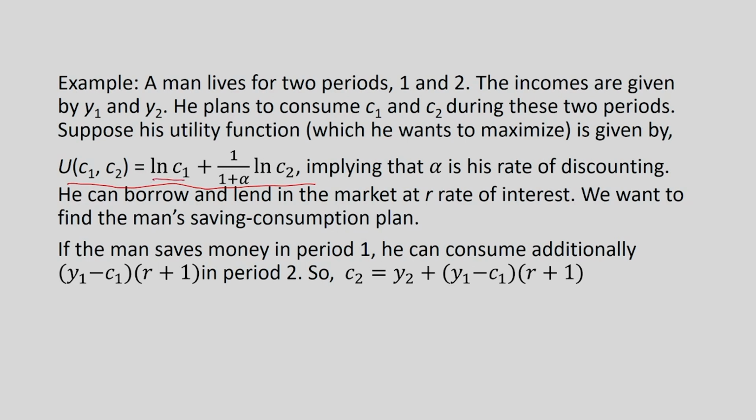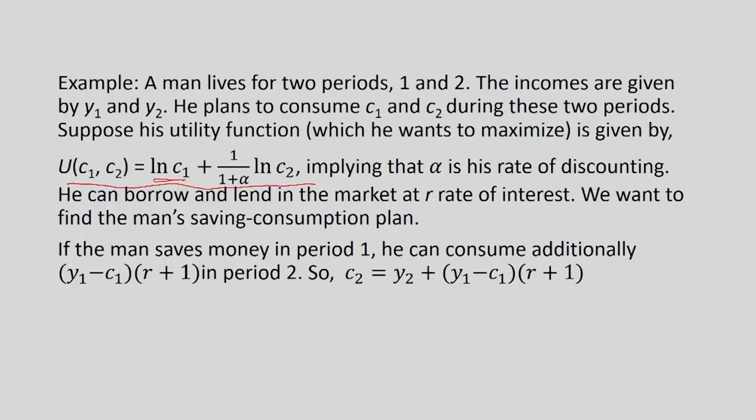This is as if C1 is the consumption, so log of C1 is his utility in this period. Log of C2 is the utility in the next period. But what is his total utility? He is taking this period's utility and the next period's utility, but as we know, the future values have to be discounted.